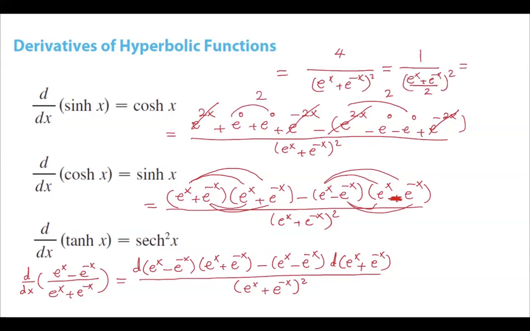But this is by definition, as you remember, the definition of your secant. The secant is 1 divided by e to the x plus e to the power minus x divided by 2. So this is 1 over hyperbolic secant to the second power of x.